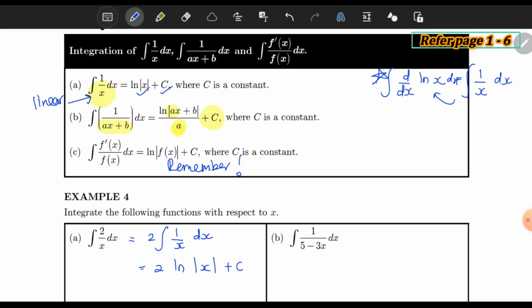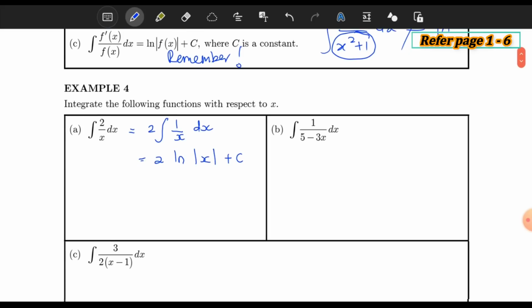1 over a linear function will be ln. But if we have, let's say, 1 over (x squared plus 1), integrate 1 over (x squared plus 1), the answer is not ln, because the denominator is a quadratic, not a linear function.